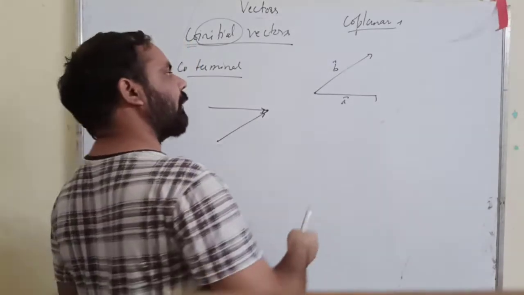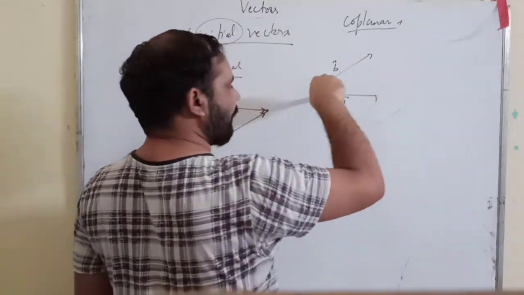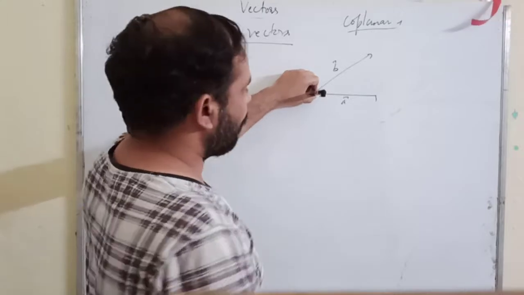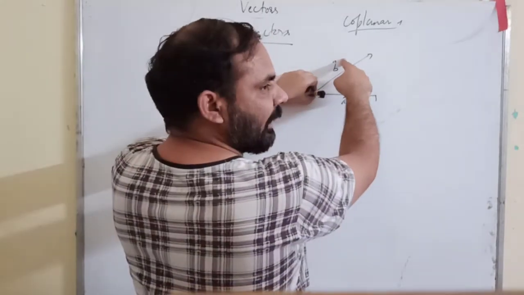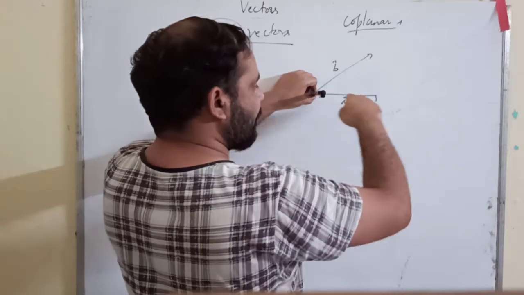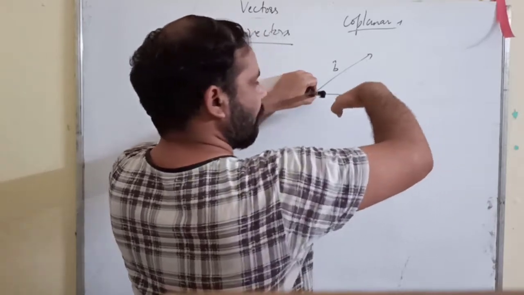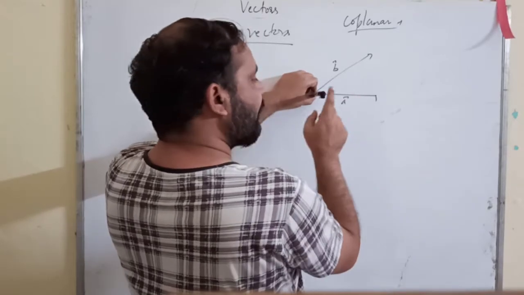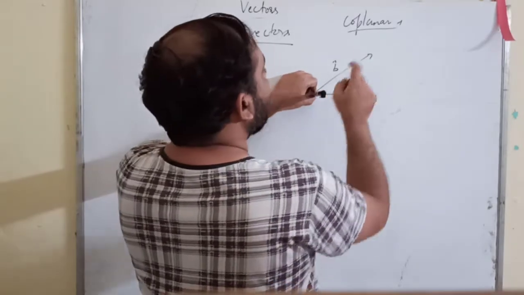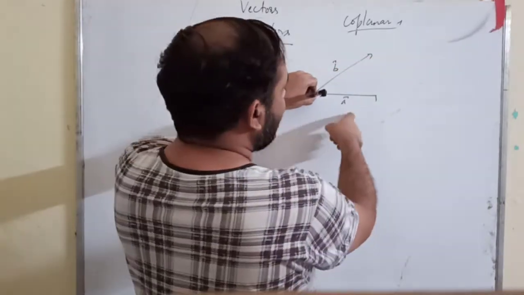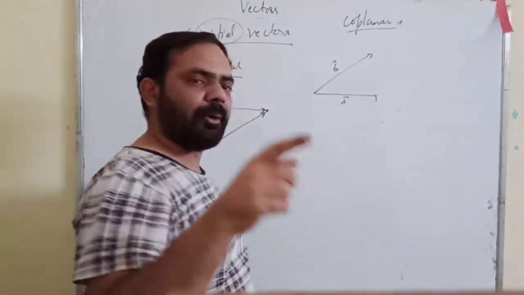Suppose I place a vector perpendicular to the board along with these two. A and B are coplanar, right? If this is C vector, I can always imagine a plane, like my hand, passing through two of the vectors. So A and C can be coplanar, A and B can be coplanar. But A, B, C together cannot be coplanar.